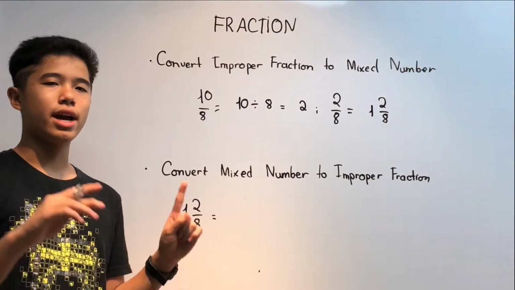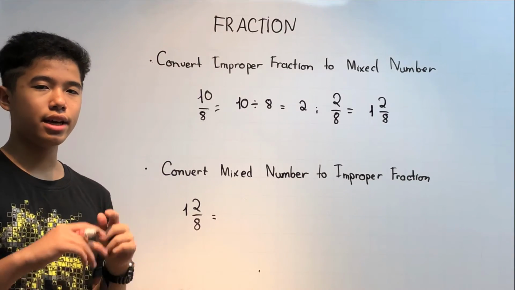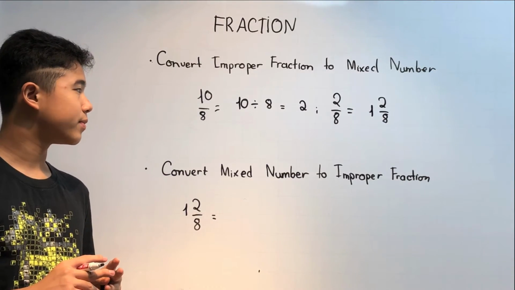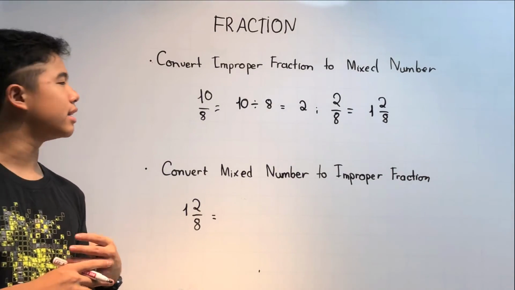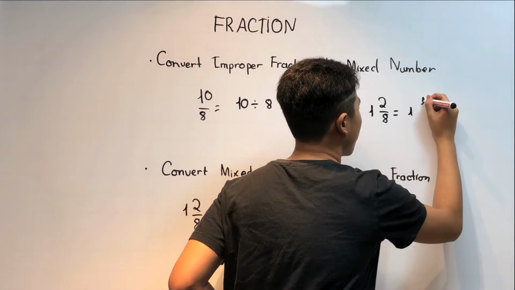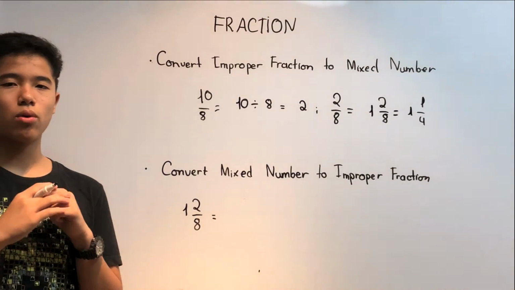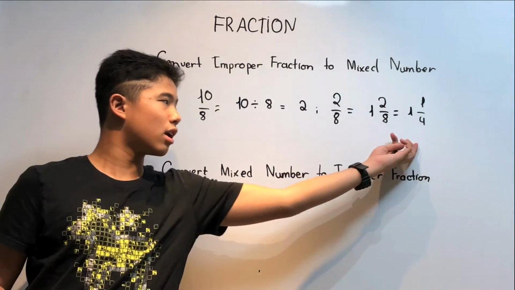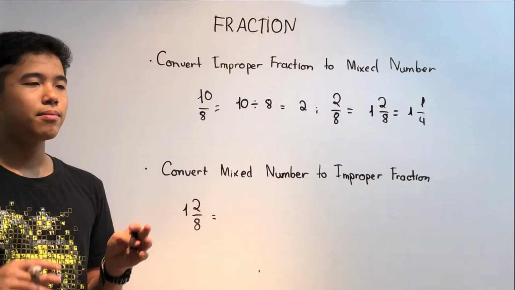You have one part, 1 is a whole number and 2/8 is a fraction. And then, if it asks you to simplify it, you can write 1 and 1/4. This is also correct. Both of these are correct, but remember, if they ask you to simplify it, please simplify it.